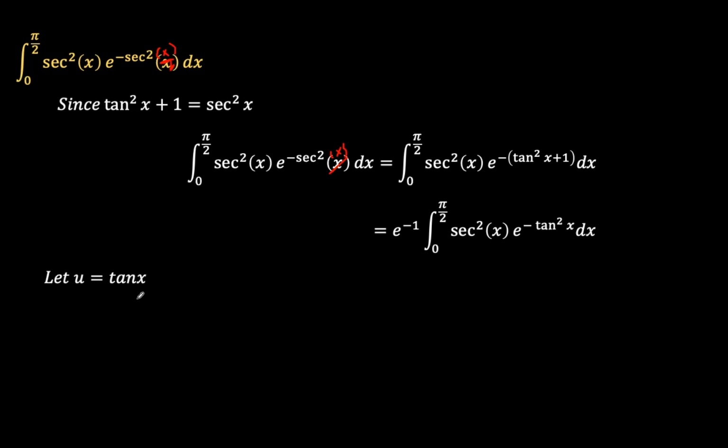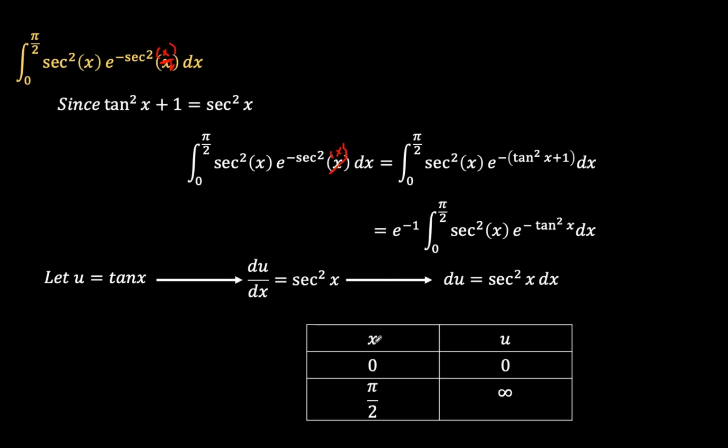Now, if we say let u be equal to tan x, that means that du/dx is sec squared x. And so we can substitute sec squared x dx with du, right? And then for the limits, when x equals 0, tangent of 0 is 0, so u is 0. As x approaches pi over 2, u would approach infinity.